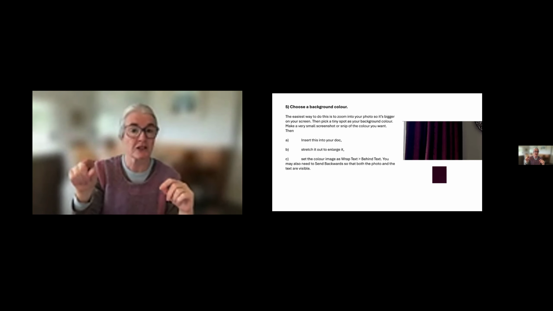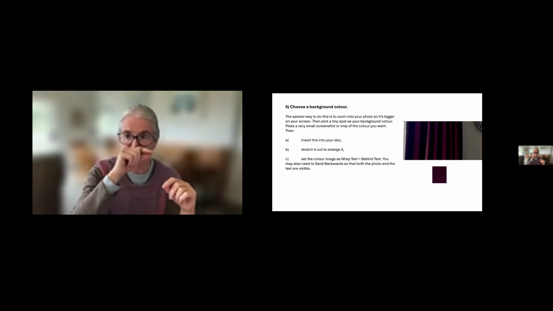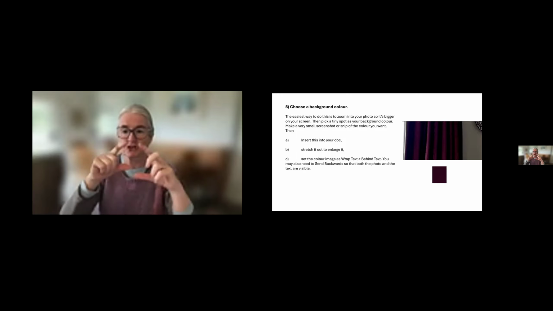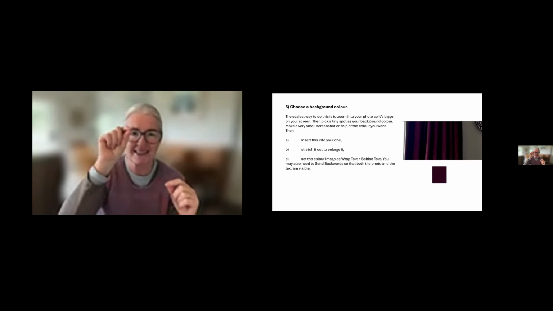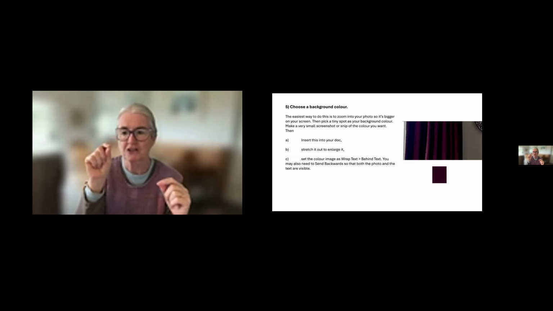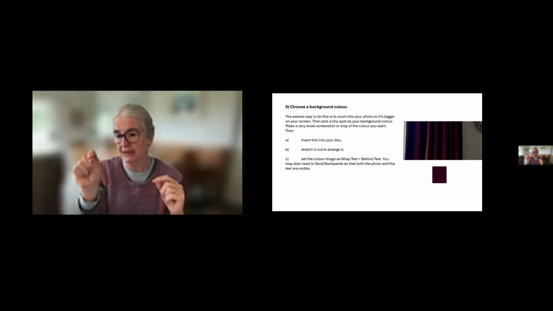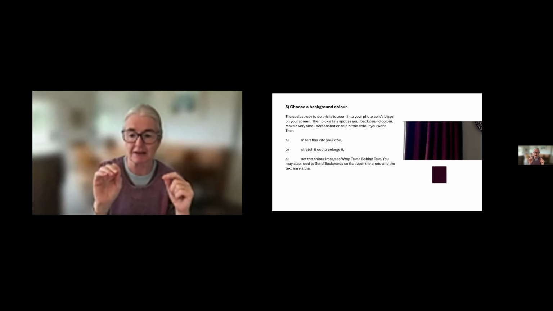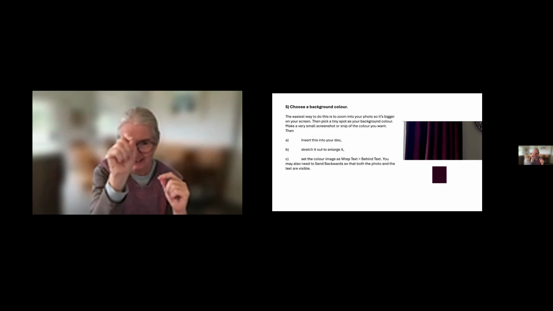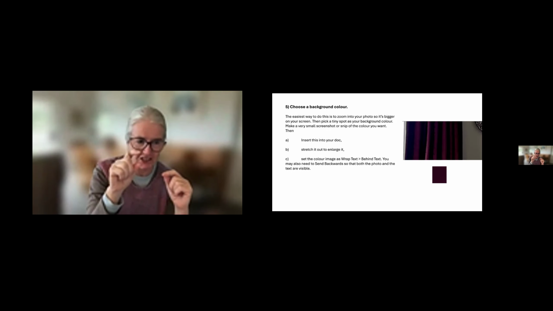So here, these are the curtains from my front room, and I decided I want to use this dark burgundy as the background color. So I've zoomed the picture out, and then I'm going to take a tiny screenshot of one little spot. As you can see with this curtain, I could choose a near black, or I could choose a quite bright red. I've gone for something a little middling to get that dark burgundy. A tiny little screenshot.